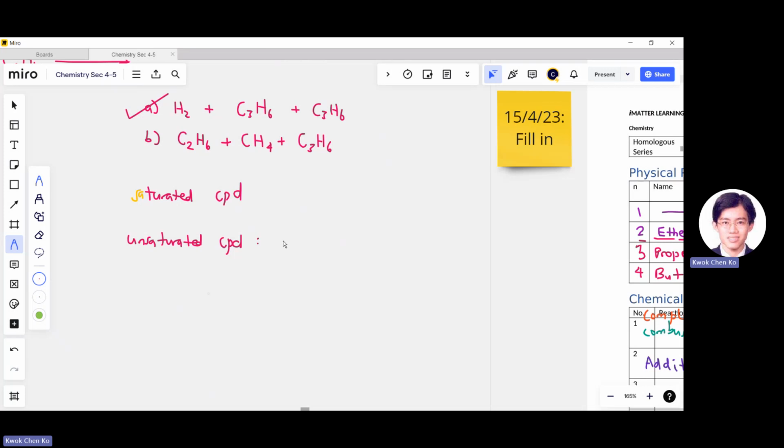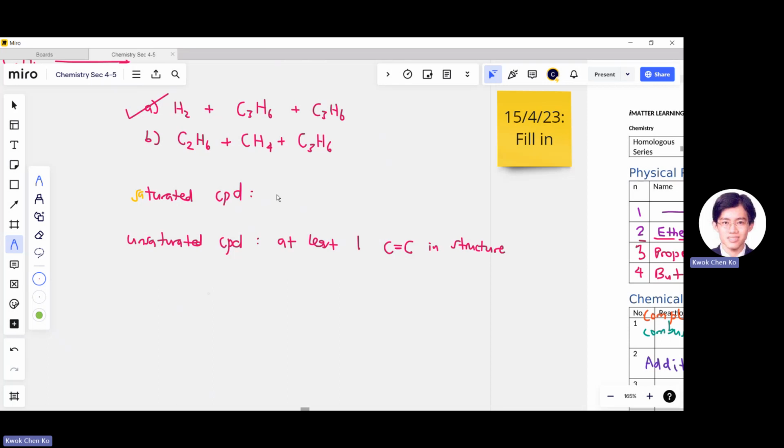Unsaturated compound means at least one C double bond C in the structure. Yeah, alkene is an unsaturated compound. Saturated is most obviously the reverse.